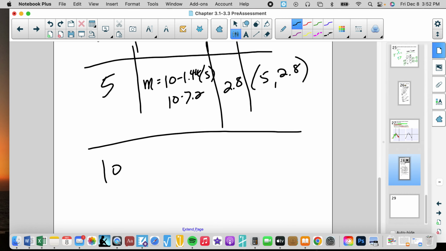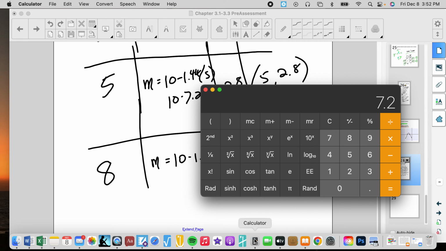Let's do 10 photos. I know that's too much. No, let's do 9. Let's at least get close. Or let's do 8. I bet you 8's really close. 10 minus 1.44 times 8. That's going to be too much. 1.44 times 8 gives me 11.52.